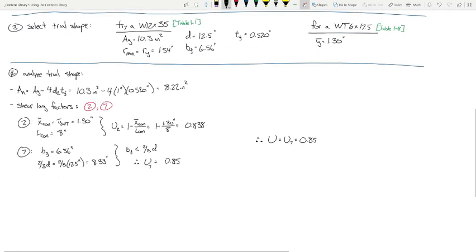So now the analysis becomes pretty easy, right? So we have gross section yielding. And then AG is 10.3. And then net section fracture.